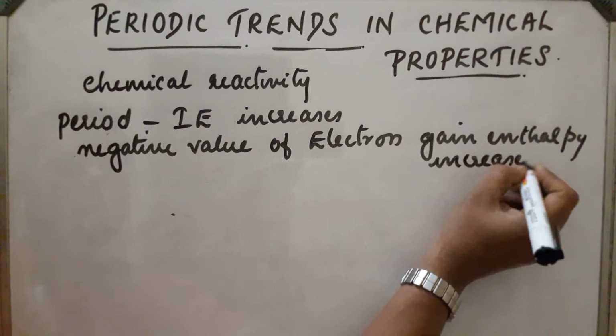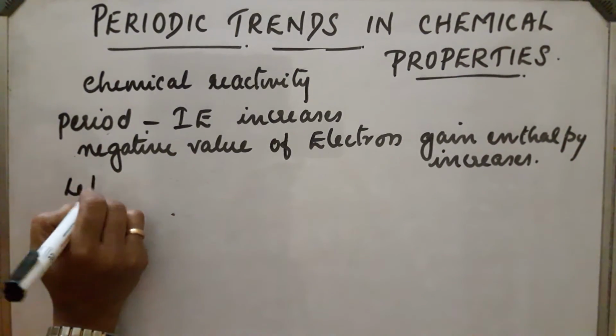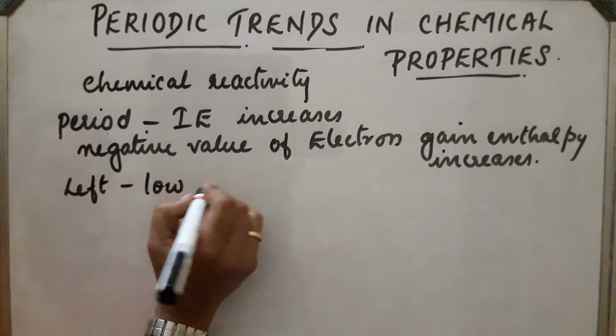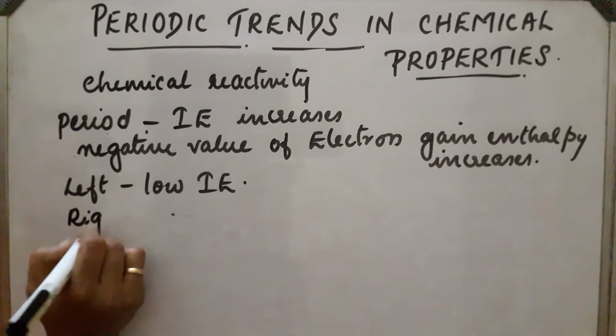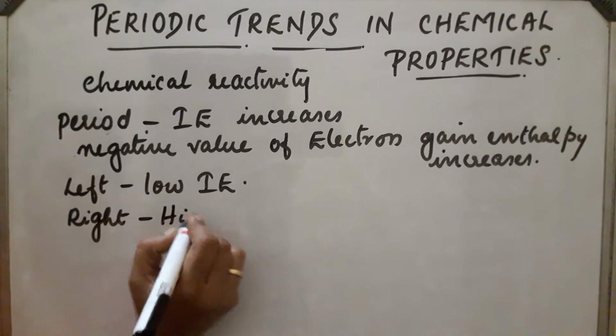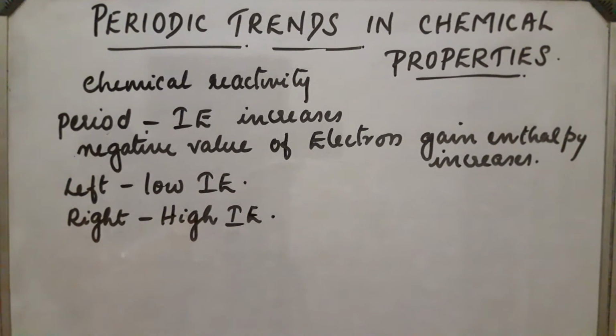The elements at the extreme left have low ionization energy, which means they are highly reactive. Those at the extreme right have high ionization energy, and they are also highly reactive. So the elements at the two extremes are highly reactive compared to those at the center. The center elements have moderate reactivity.